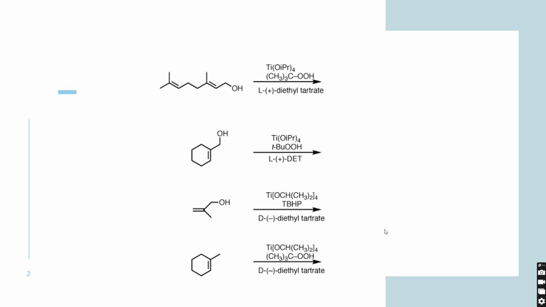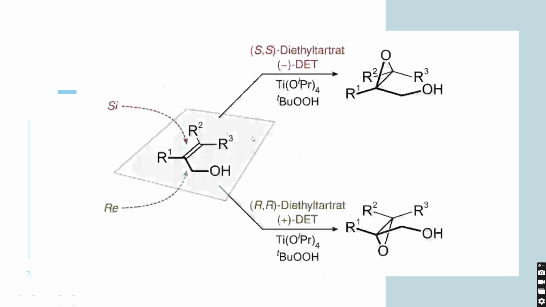If we revise the selectivity in this reaction, you might remember that whenever we have an allylic alcohol olefin of this type, we have to visualize the substrate in this way, keeping the CH2OH, the allylic alcohol functionality, towards the right side, down side.